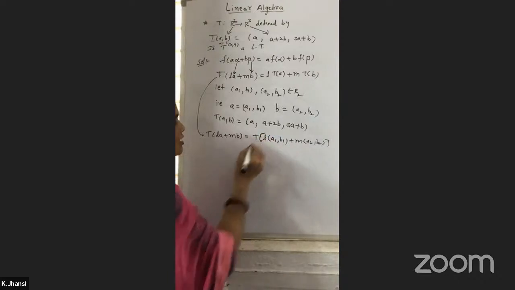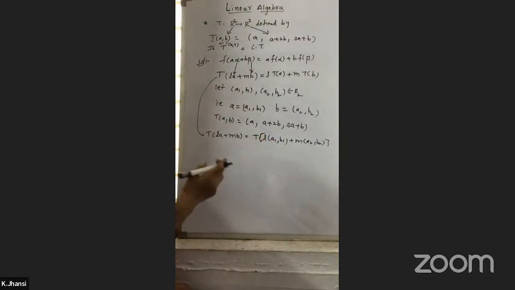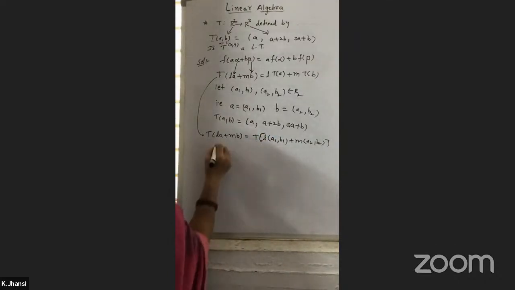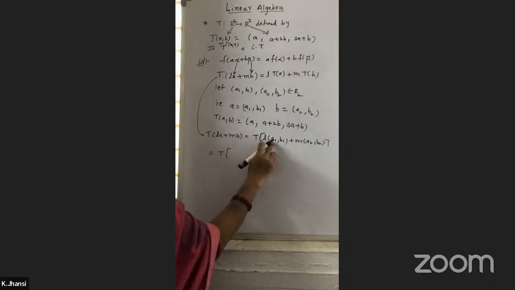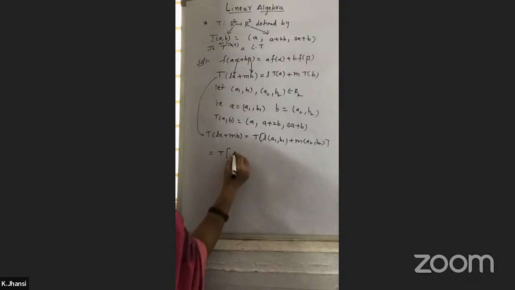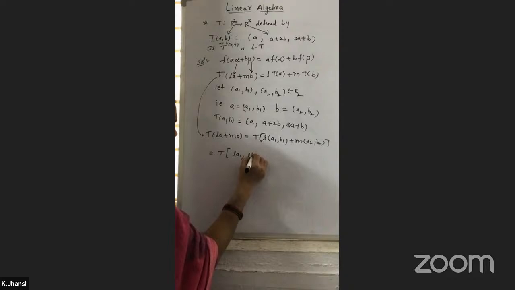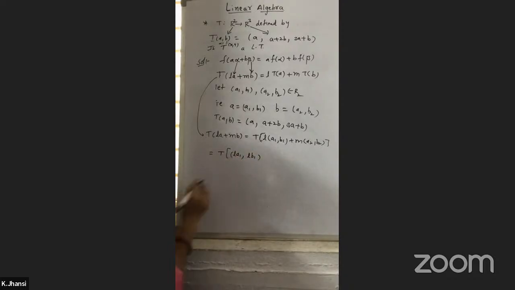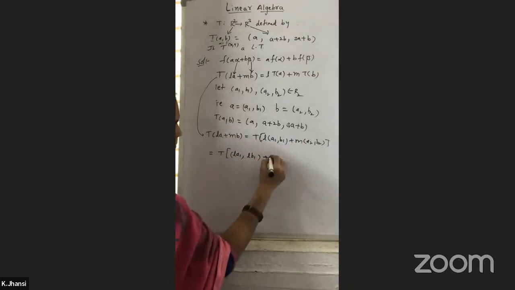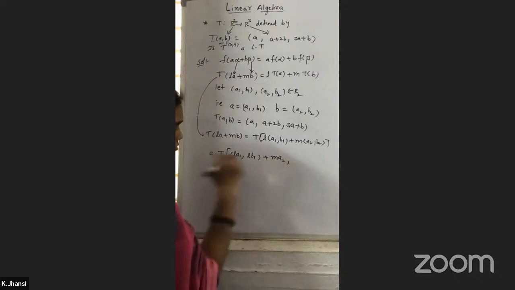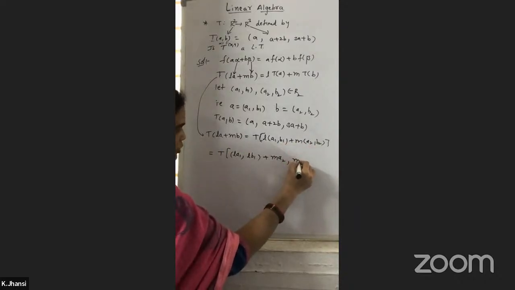Now this is in the form of vector addition. First you multiply L with these two elements: L into A1 comma L into B1, plus M into A2 comma M into B2.